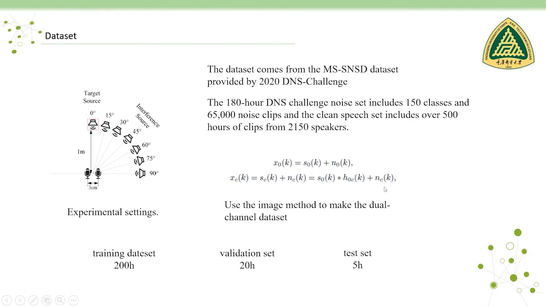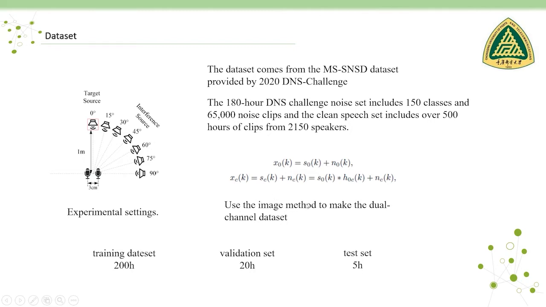Well, in the formula, n_c[k] is the noise and s[k] multiplied by h[k] is our target source, and h[k] is the room impulse response. Our goal is to remove the noise n_c[k] and keep the clean speech s_c[k].